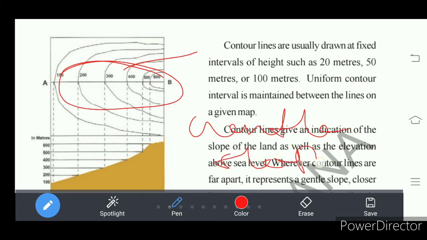Gentle slope, because the contour lines are not very close to one another. There is equal distance, so we can say that it is a gentle slope. Just now I have shown that it's a steep slope, where lines are drawn very near, contour lines are very close to one another, like this. Okay, that is what a steep slope is.